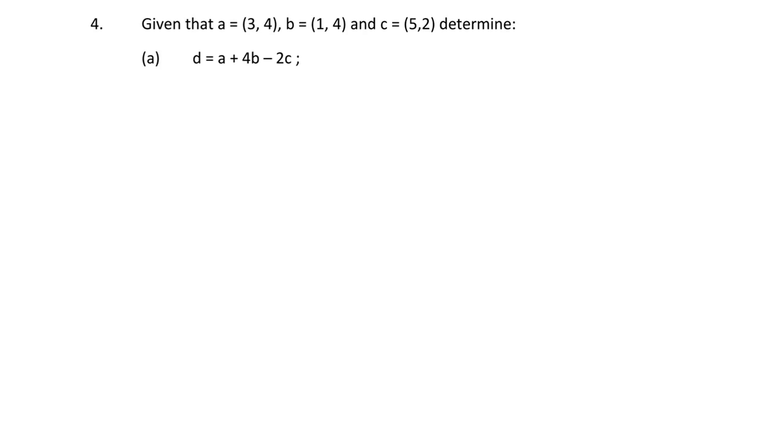First step, let us express the points in terms of components i and j. So our expressions will be A equals 3i plus 4j, B equals i plus 4j, and C equals 5i plus 2j.